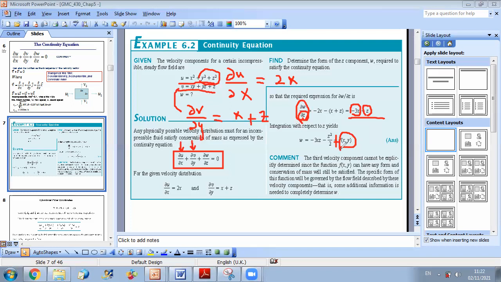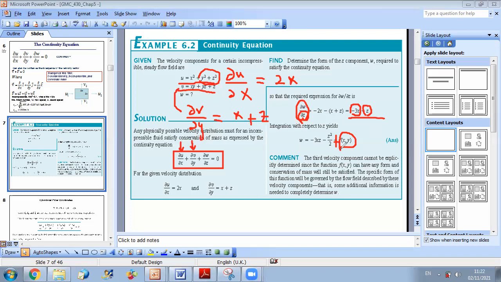Now, to determine what is f of x and y, we need to have additional information, and they should give us additional information to determine what is f of x, y, because any function of x and y can have any form, and the conservation of mass will still be satisfied.